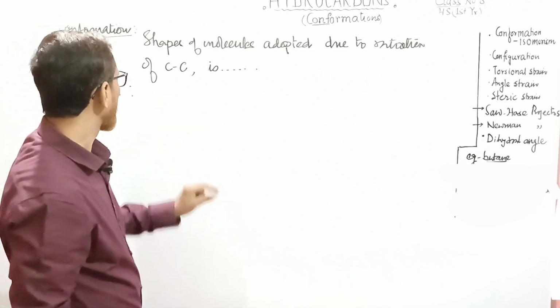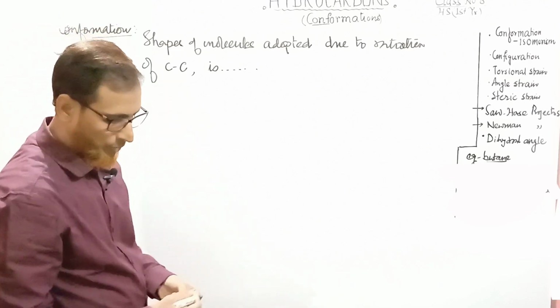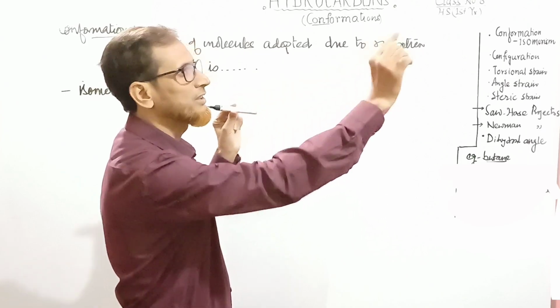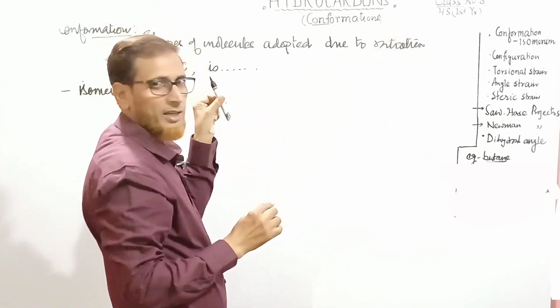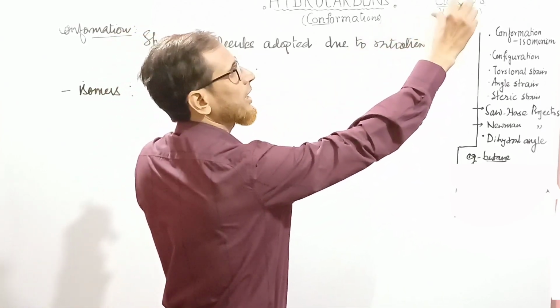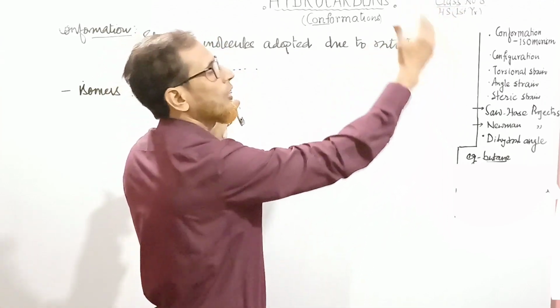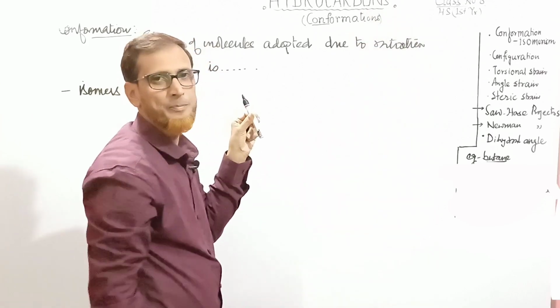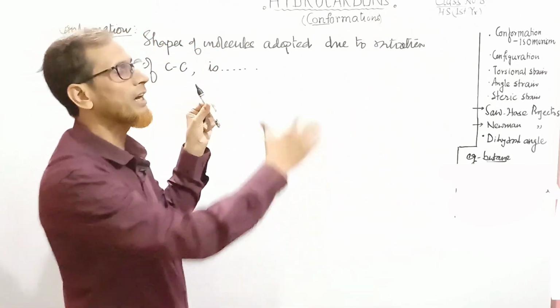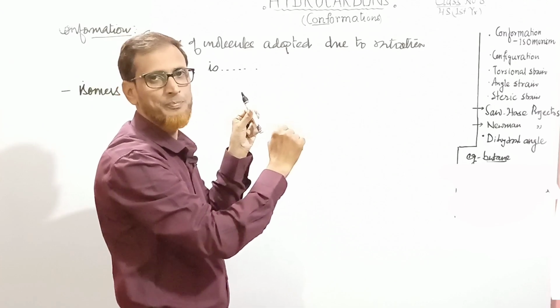So first of all, you may think that in a carbon-carbon single bond, this is one carbon, this is another carbon. Keeping one carbon fixed, if you rotate the other carbon along with its hydrogens, that will give a lot of possibilities of arrangement of the hydrogens attached to that carbon.